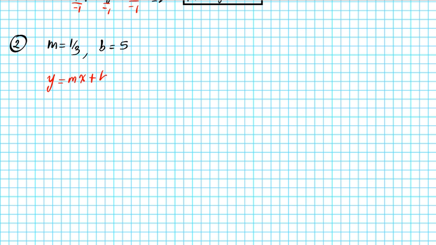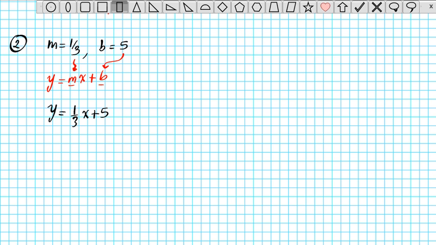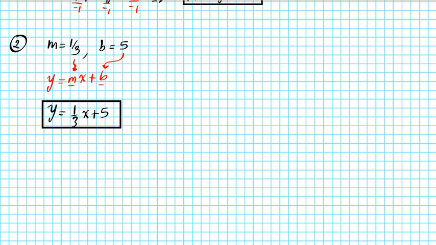We're going to be substituting m, which is the slope, and b, which is the y-intercept, from here into here, and then that will basically give us what our equation is going to be. So it's going to be y equals m, which is 1/3 x, plus b, which is 5. Bam. There goes your answer in point slope form. All right, so there's your answer in point slope form.